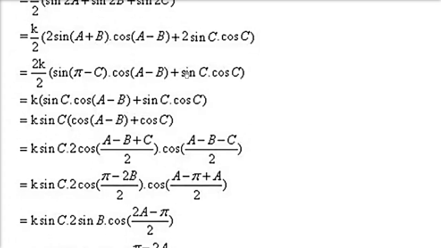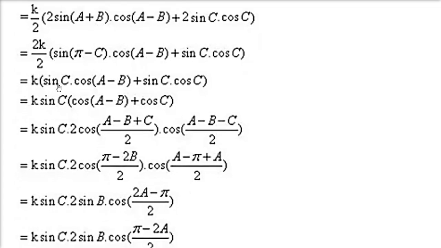So when you get this, this is sin c, this is sin c. Take sin c common. What do you get? Cos(a minus b) plus cos c. Now here use the cos x plus cos y formula. So it will be cos of (a minus b plus c) by 2, and then cos of (a minus b minus c) by 2.